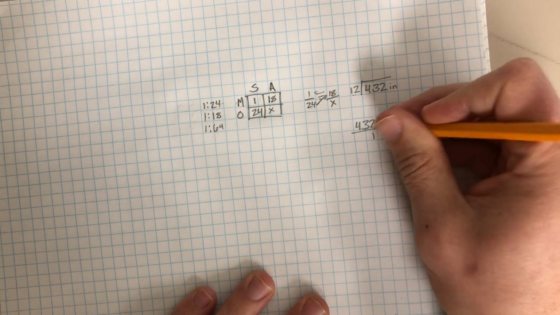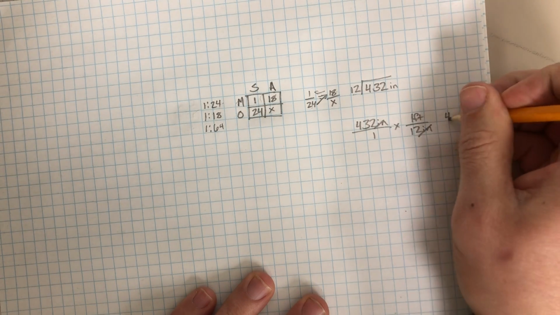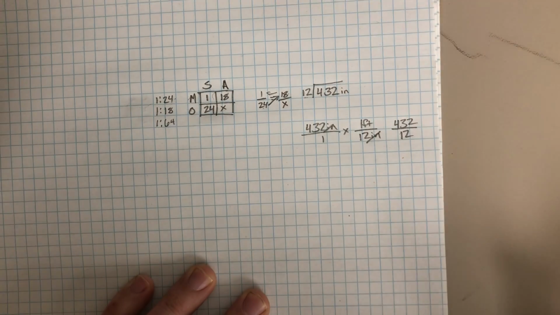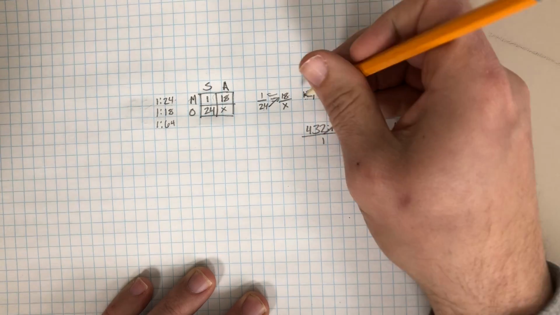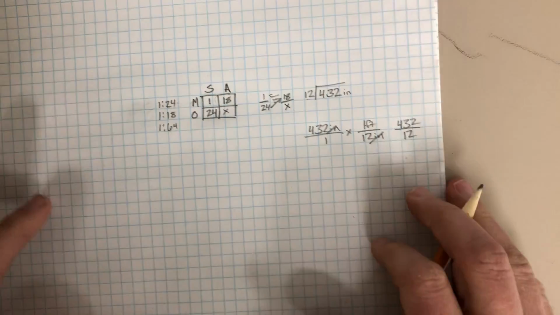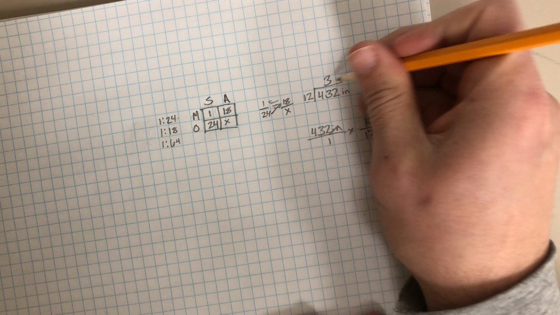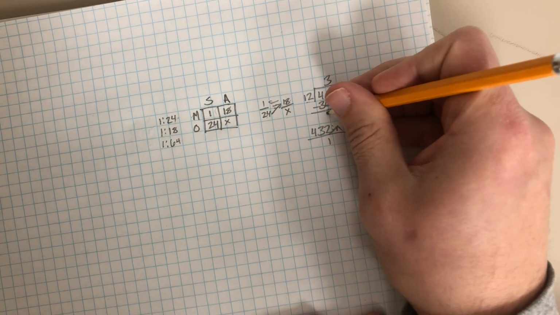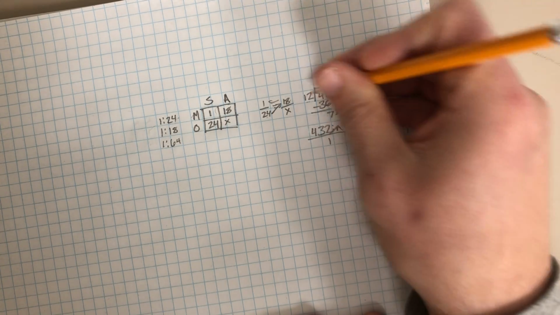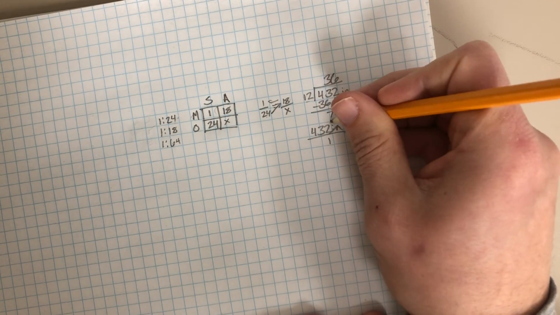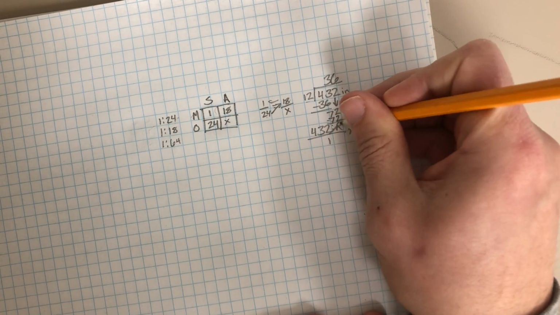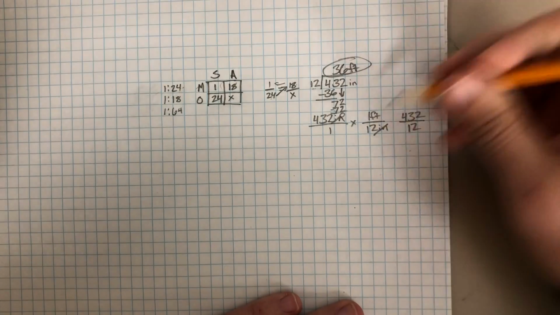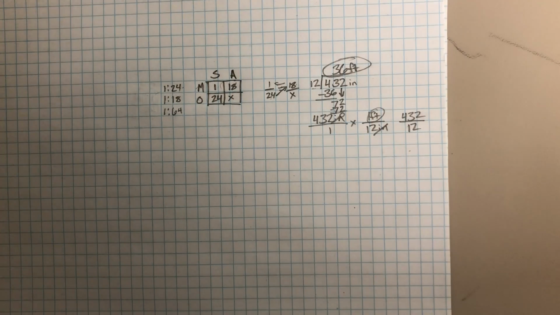That way inches cancels with inches, and we have 432 times 1 is 432 divided by 12. Okay, 12 goes into 43, 3 times. 12 times 3 is 36, subtract, we get 7, bring down the 2, 12 goes into 72, 6 times. 12 times 6 is 72, subtract, we get nothing, nothing to bring down, so it would be the equivalent of 36, and the label is feet.